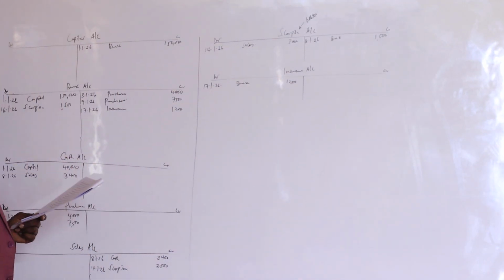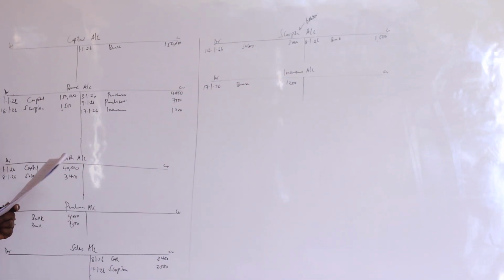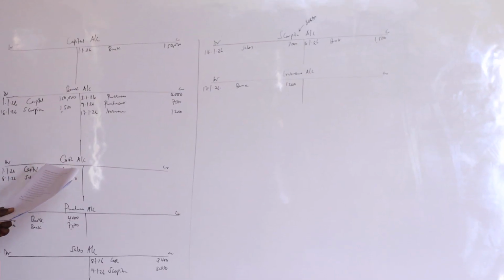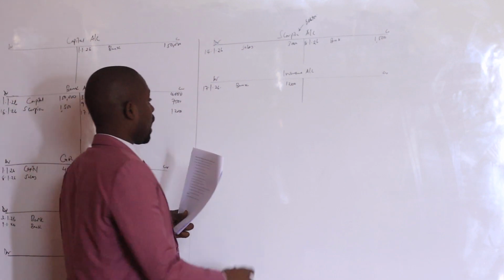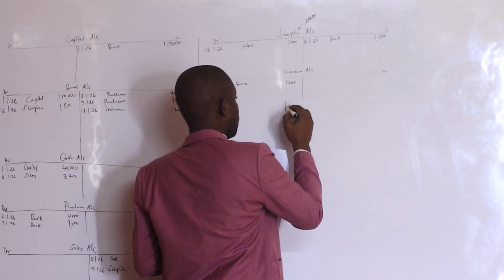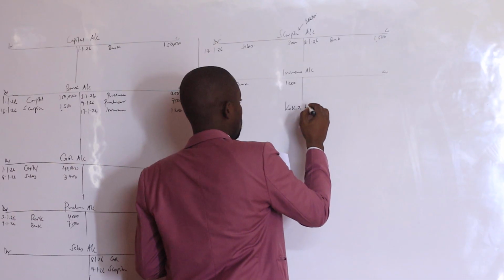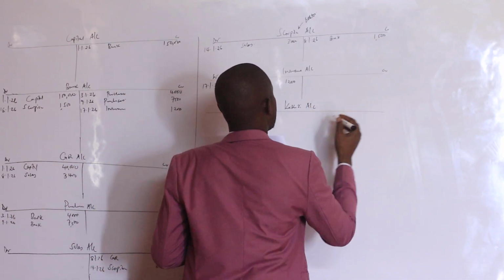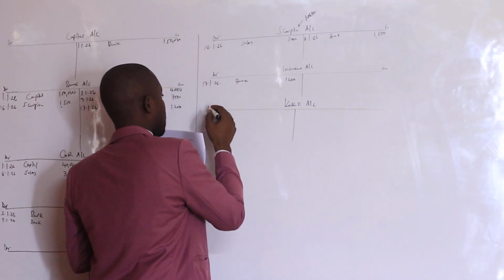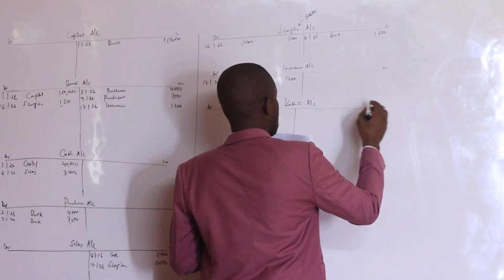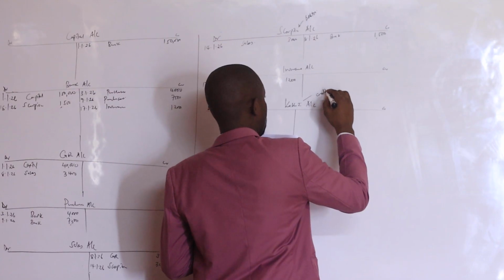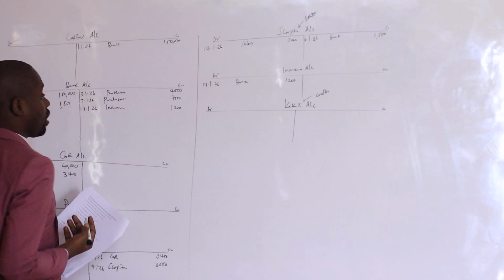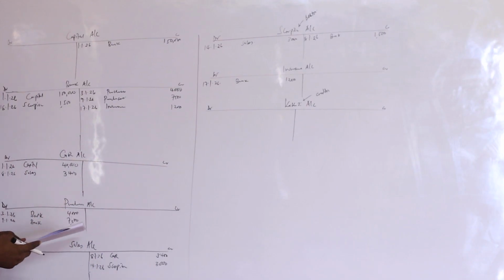Then on 21st, bought goods. Bought goods stands for what? Purchases. From Kakuzi on credit, because we have not paid, we have to create an account for him. Kakuzi Limited account. You are buying goods from this Kakuzi. Kakuzi becomes our creditor. So you must note that. It's a liability increasing. We shall credit it as we debit purchases.